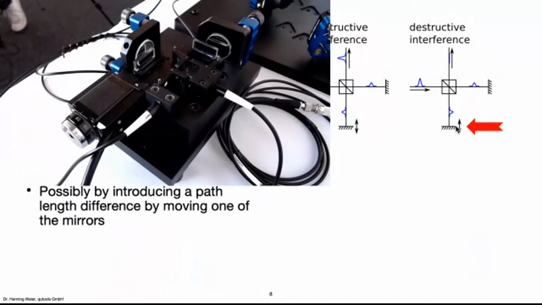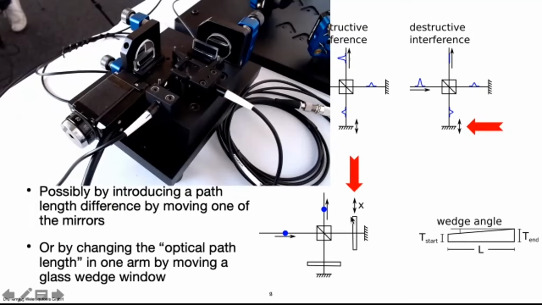So I hope you can see my mouse pointer here now. If we change the position of this mirror in the longitudinal direction, then we can change the phase. But, and this has already been mentioned too, what we can also do is use this wedge window that we have introduced here and change the position laterally to the beam, so that the region that is passed through by the light is either thicker or thinner if we move it a little bit, right?